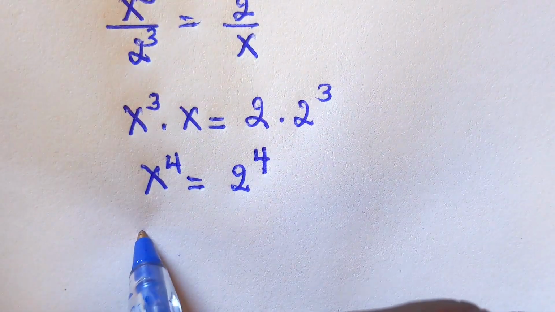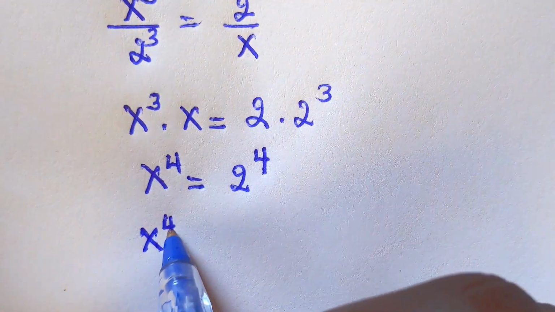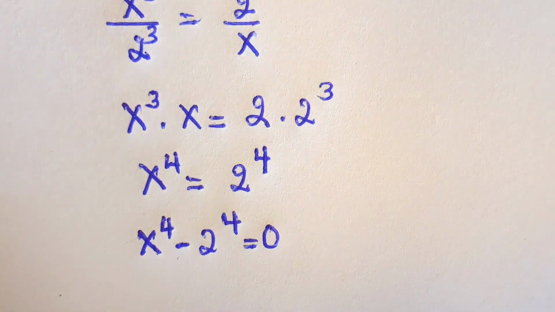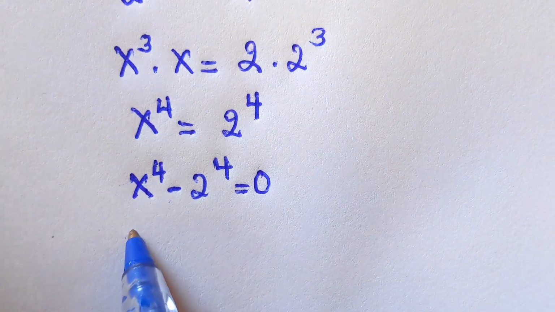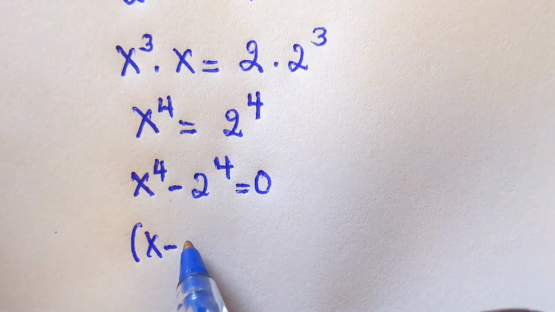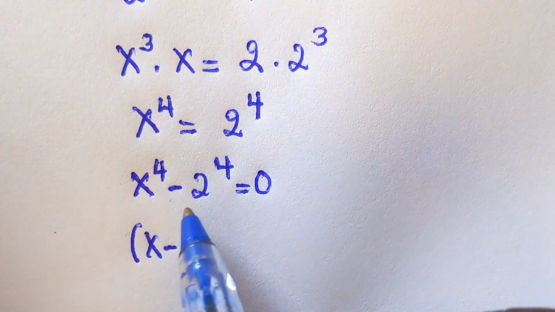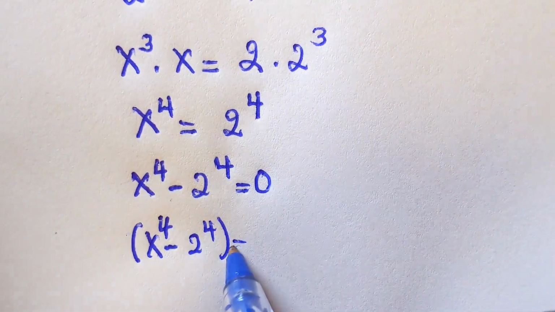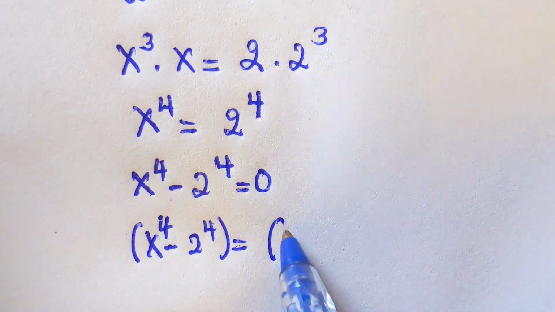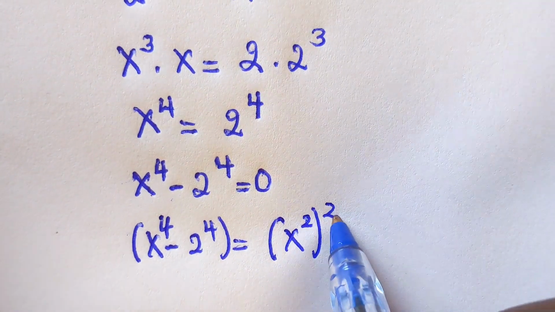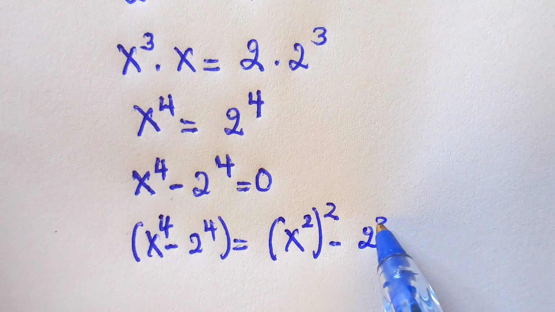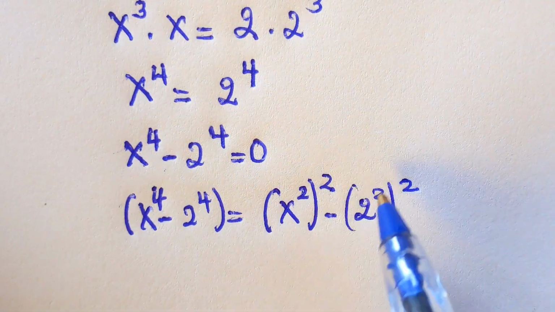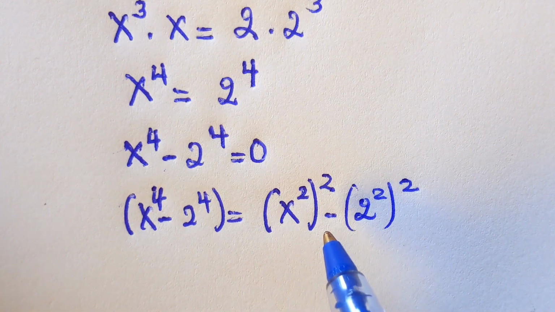We can group like terms to get x^4 minus 2^4 equals 0. x^4 minus 2^4 can be written as (x^2)^2 minus (2^2)^2, which is a difference of two squares.